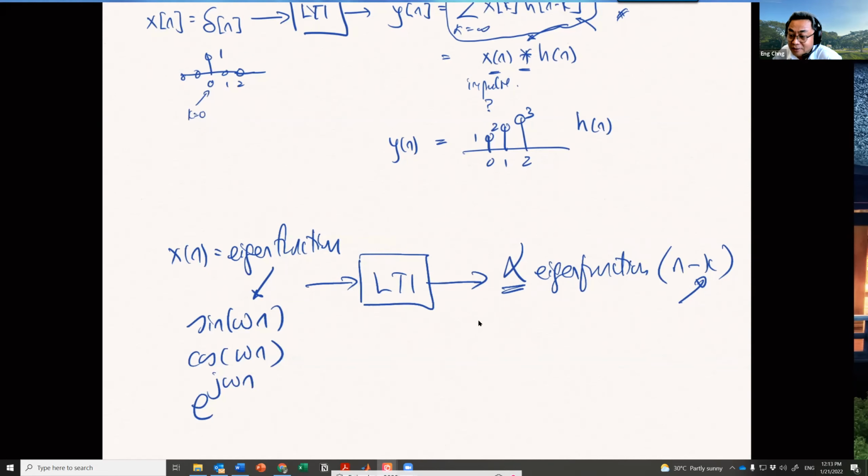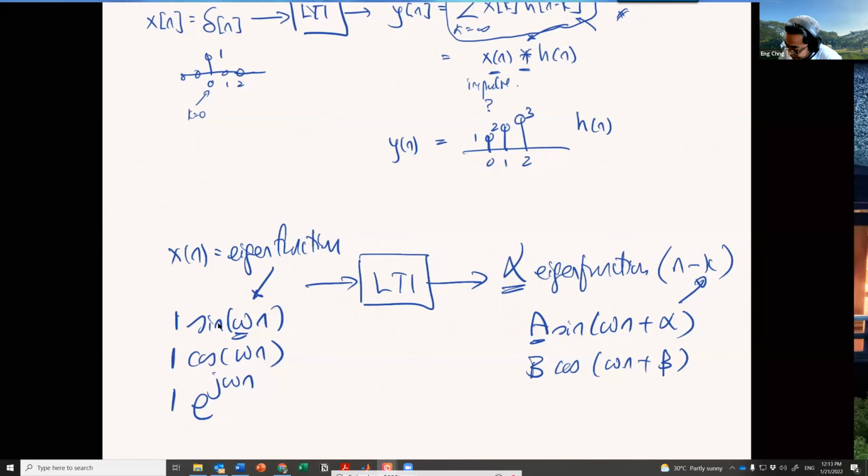If you send a sine in, out comes a sine of the same frequency, but phase shifted. So you have A, for example, this is 1, you become A, whatever A is, I have no idea, and alpha. You send 1, you become B, for example, cosine plus beta. And if you have 1, you become C. Can you see now?